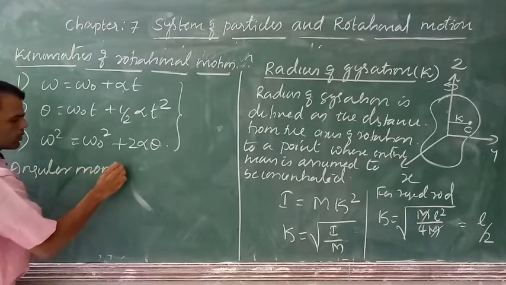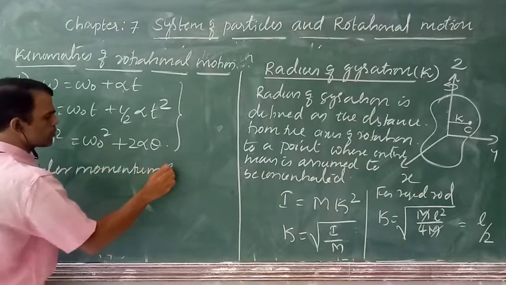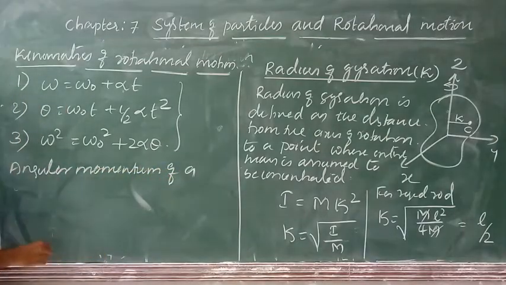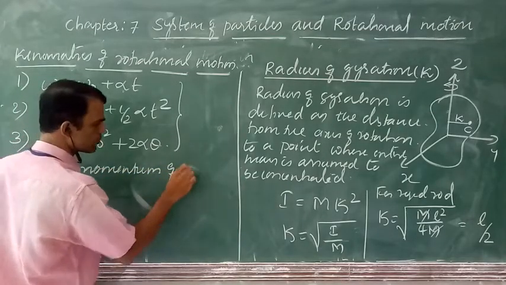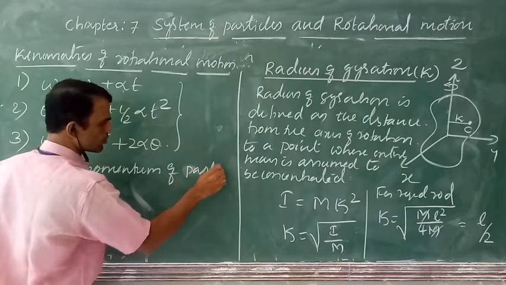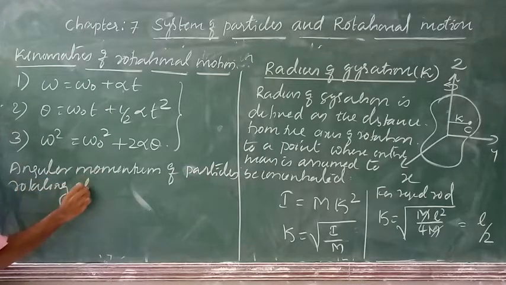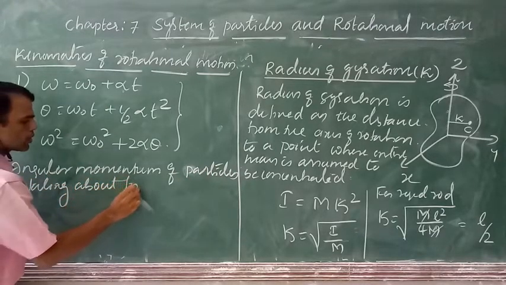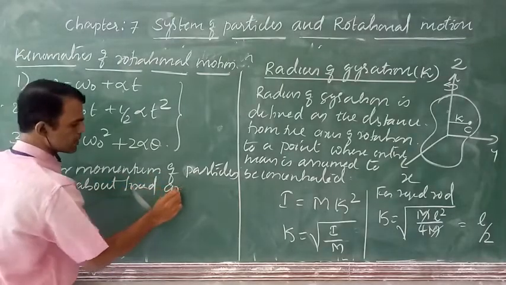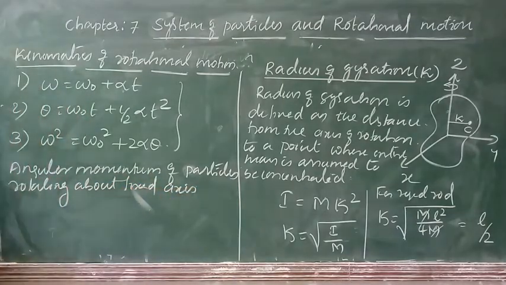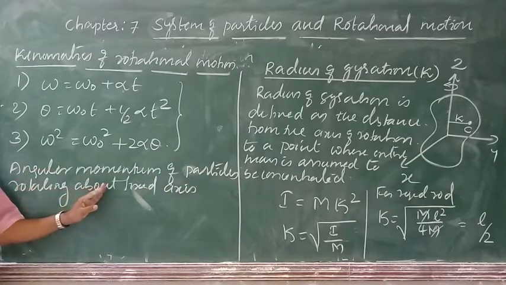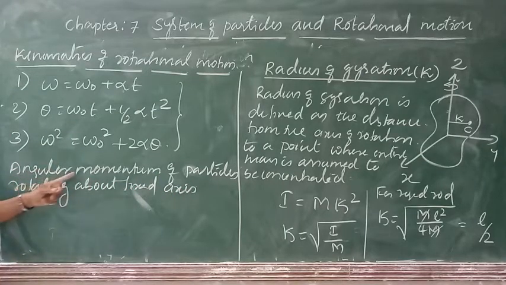Angular momentum of particles rotating about a fixed axis, because we know a rigid body is rotating about a fixed axis, so therefore we want to know the angular momentum of particles rotating about a fixed axis.